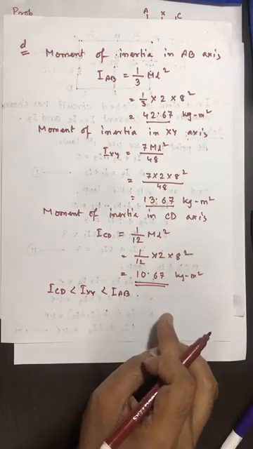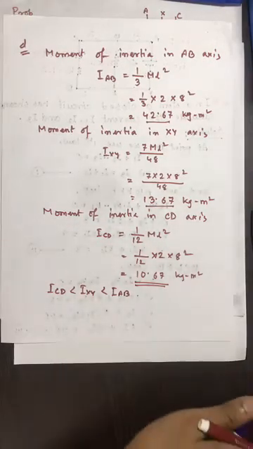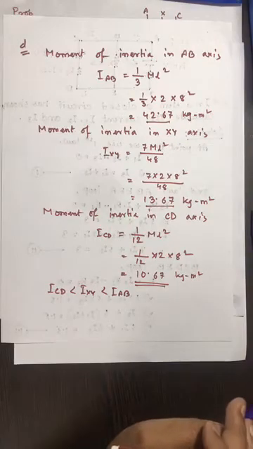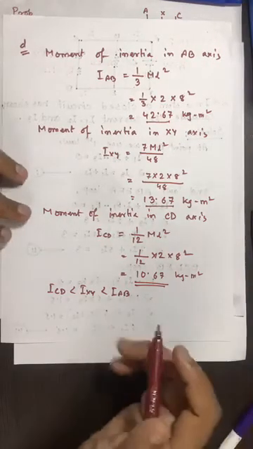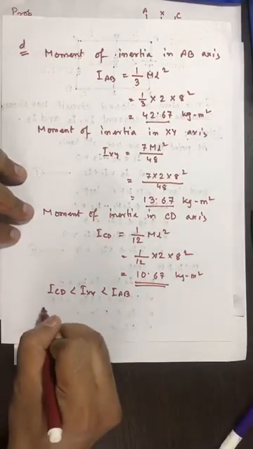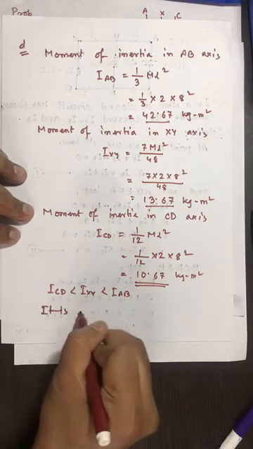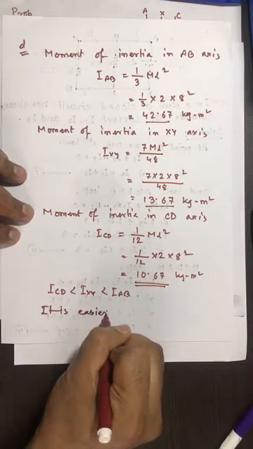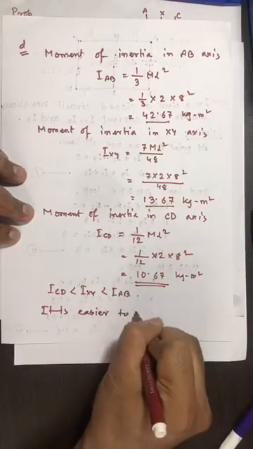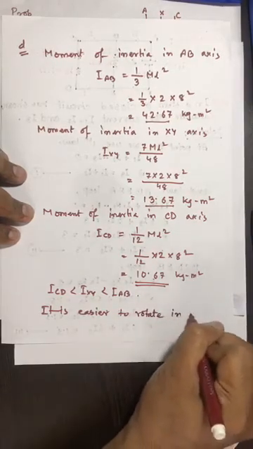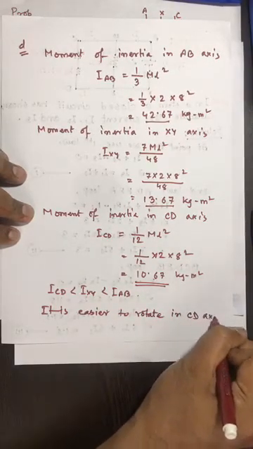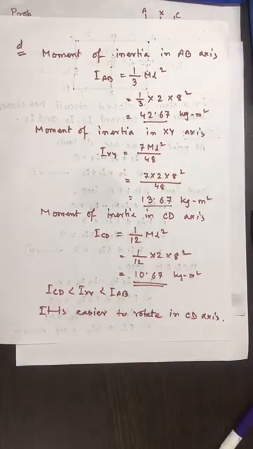If you hold a scale and hold it in the middle, it is very easy to rotate, because you need less force. So it is easier to rotate in the CD axis. That's it. Do you find it very easy, busy math?